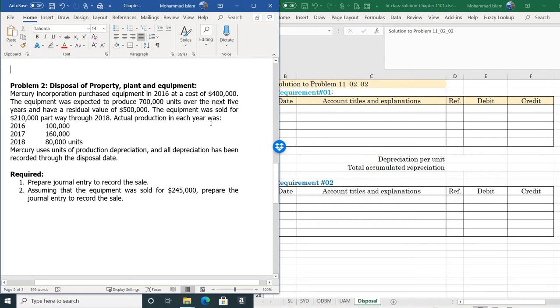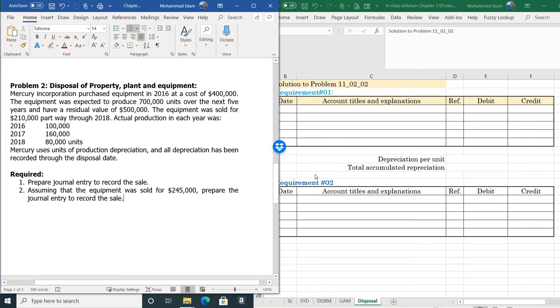Actual production in each year was 100,000 in 2016, 160,000 in 2017, and 80,000 units in 2018. Mercury uses units of production depreciation, and all depreciation has been recorded through the disposal date. The problem says to prepare the journal entry to record the sale. And, assuming that the equipment was sold for 240,000, prepare the journal entry to record the sale.